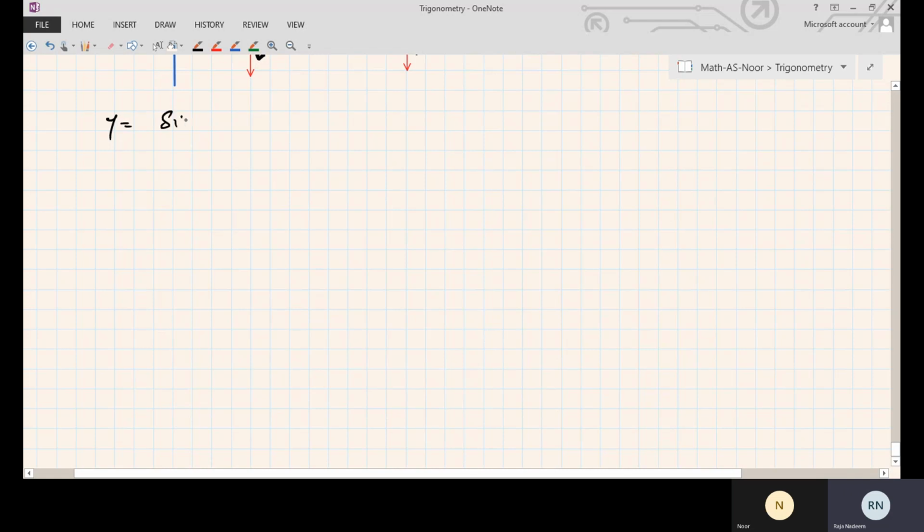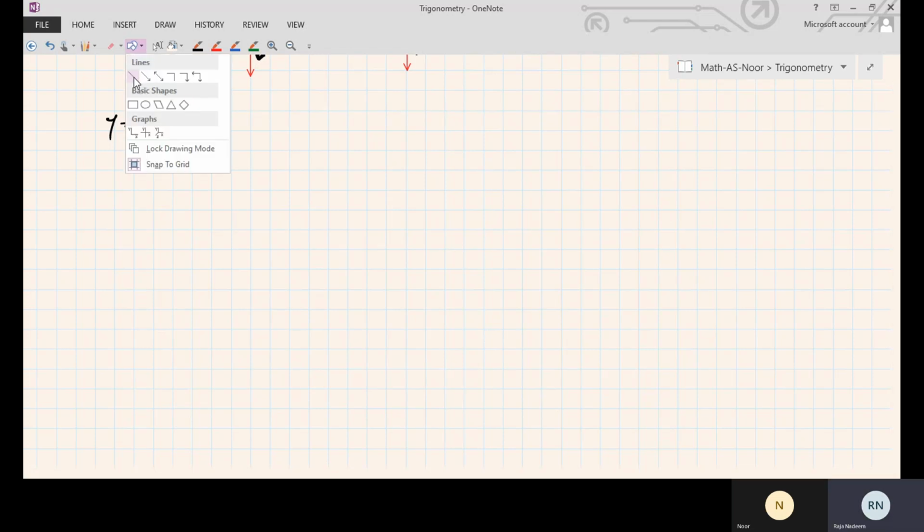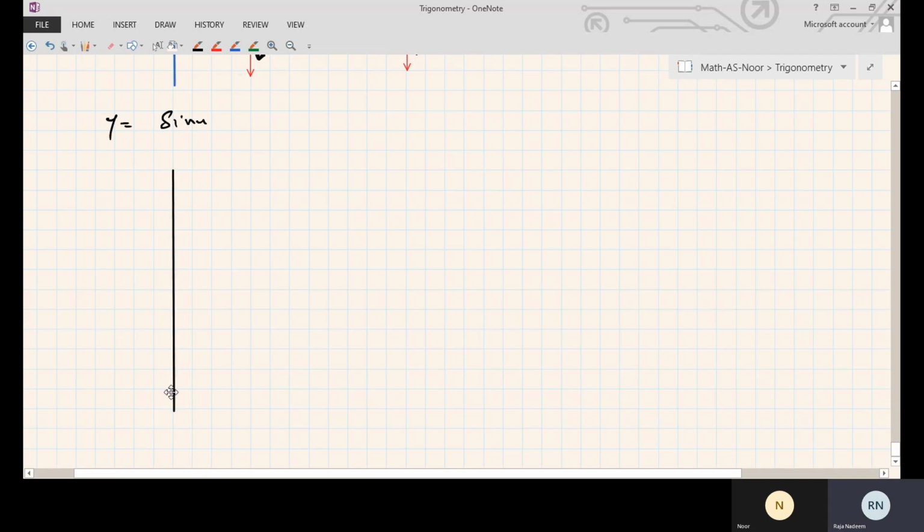For y equals sine of x: sine 0 is 0, sine 90 is 1, then minus 1, and so on.